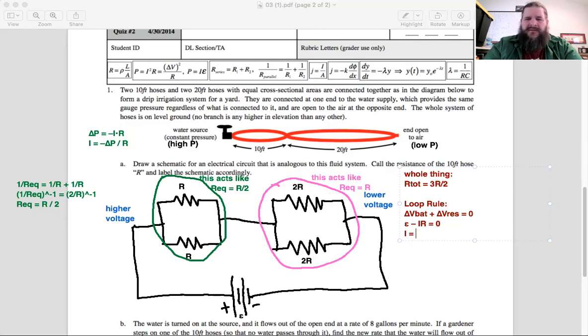But the current through the battery is going to be epsilon over R, and that's R total, which we now know is 3R over 2. So we can even fill that in. Epsilon dividing by 3R over 2 is the same as multiplying by its reciprocal, 2 over 3R. So the current through the battery is going to be 2/3 times epsilon over R.